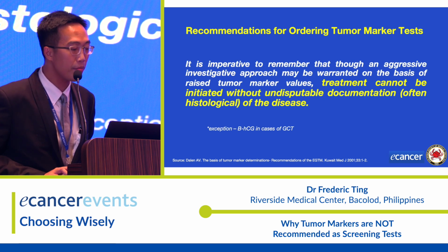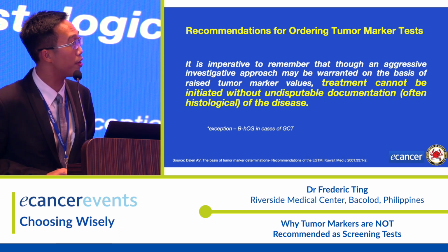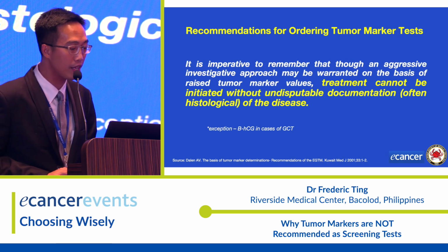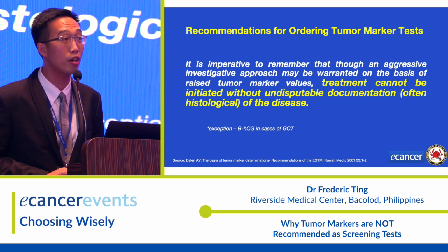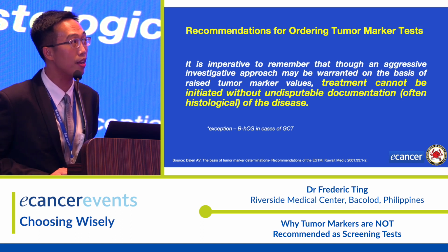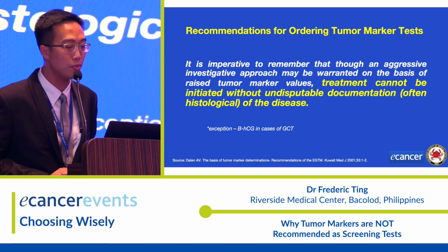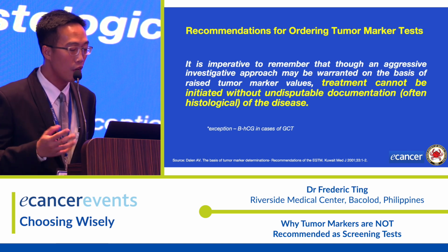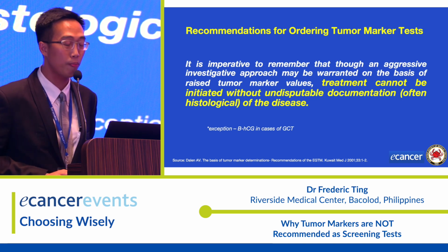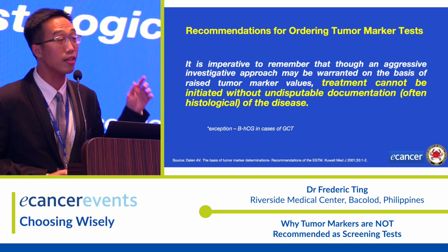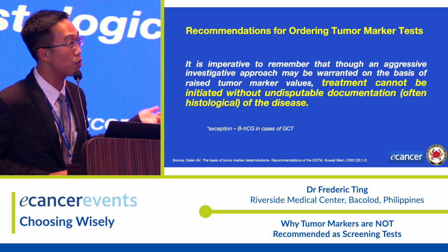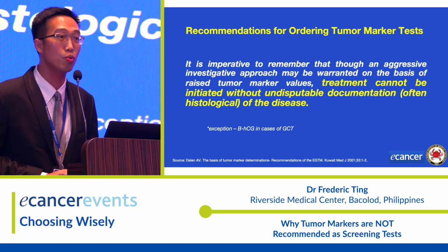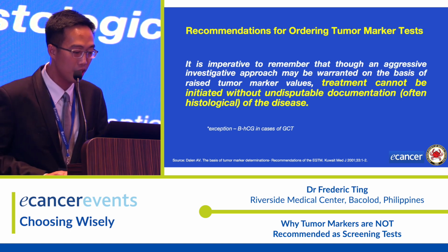So it's important to remember that although an aggressive investigative approach may be warranted on the basis of raised tumor marker values, treatment cannot be initiated without undisputable documentation of the disease. And this is most of the time a definitive histopathological diagnosis. Again, the exception is the use of tumor markers in patients with germ cell tumors.